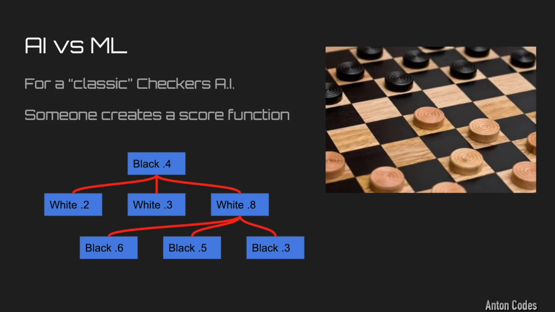So let's say it's the chance of taking another piece. So black here, in its last move, it has a 40% chance of taking a piece and being ahead in the game. So white has an option of 3 different moves. One where it has a 20% chance of taking a piece and getting ahead, a 30% chance, and an 80% chance.